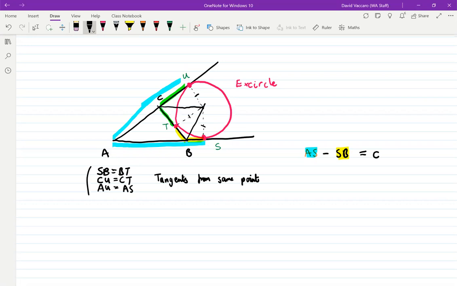Okay, because if I take this yellow length away from the blue length, I'm left with the line AB.